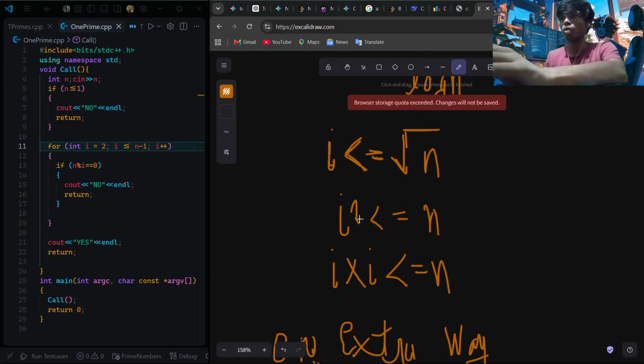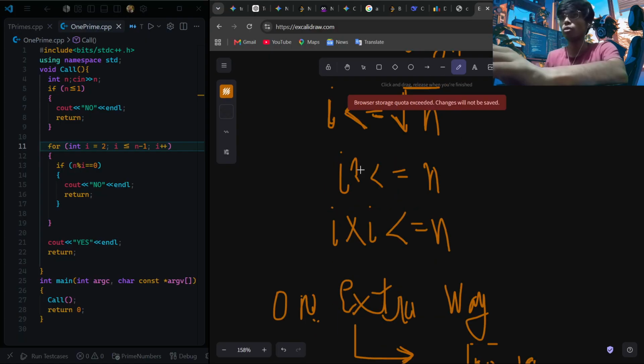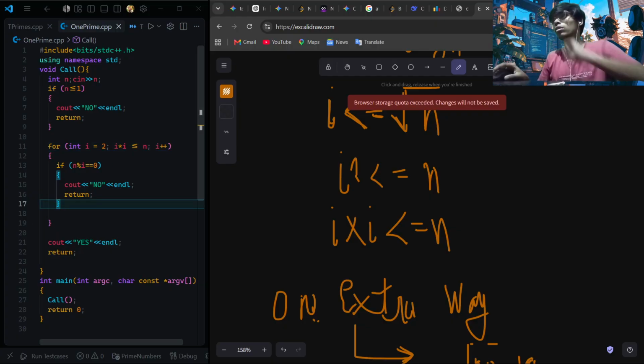So I will square both sides. After squaring, the under root is removed and I get i to the power 2, which we can also write as i into i is less than or equal to n. So the only change is that I multiply i with i and remove the minus 1. This is the optimization.